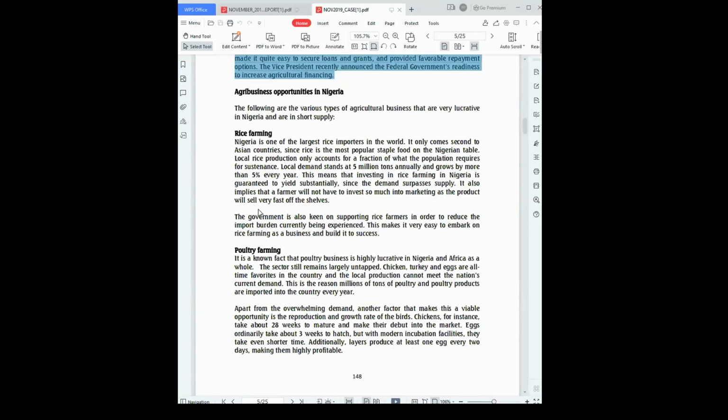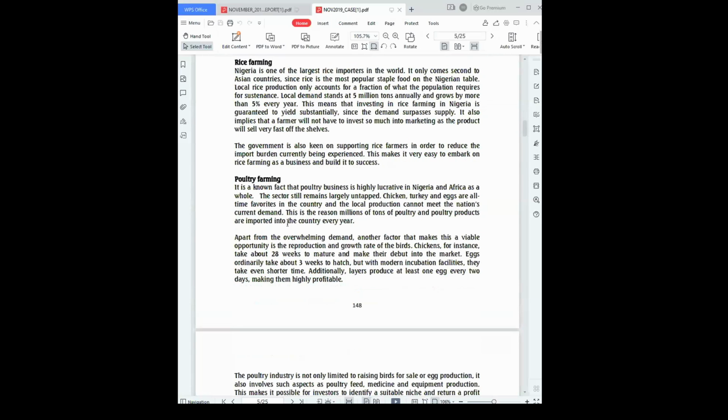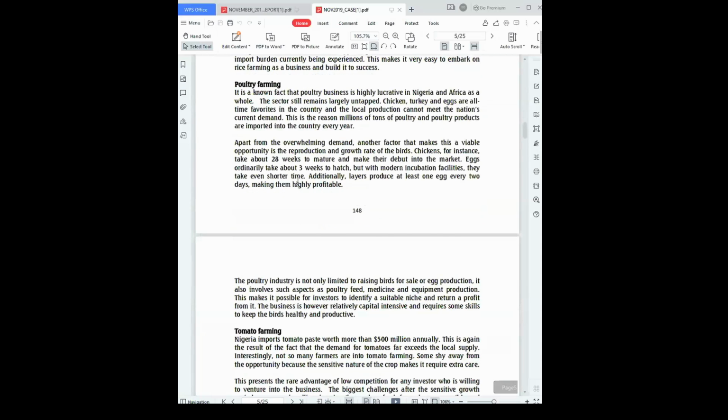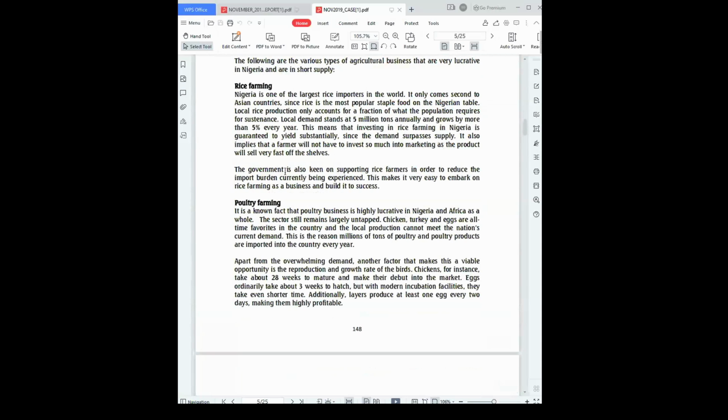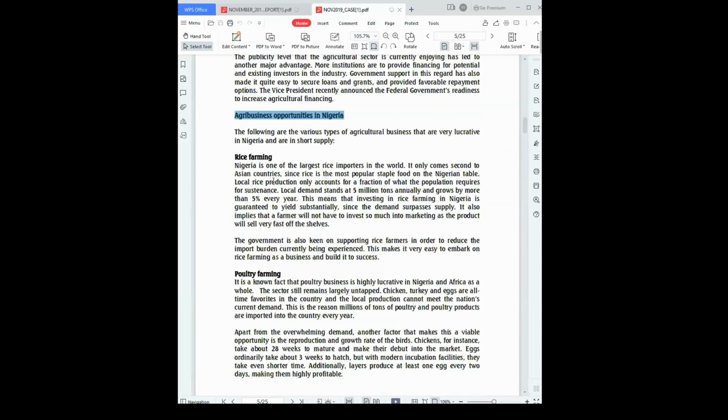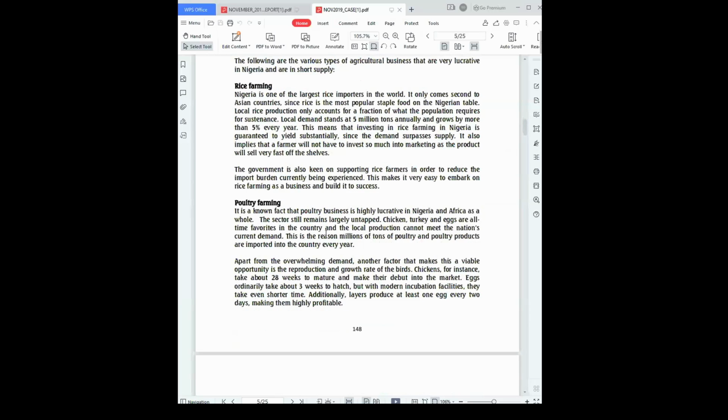Then they also talk about certain opportunities. They mention rice farming, poultry farming, tomato, cassava. The good thing is that if our potential client is not already producing these, we can advise them, because they said there are opportunities, they yield well, and they are profitable.